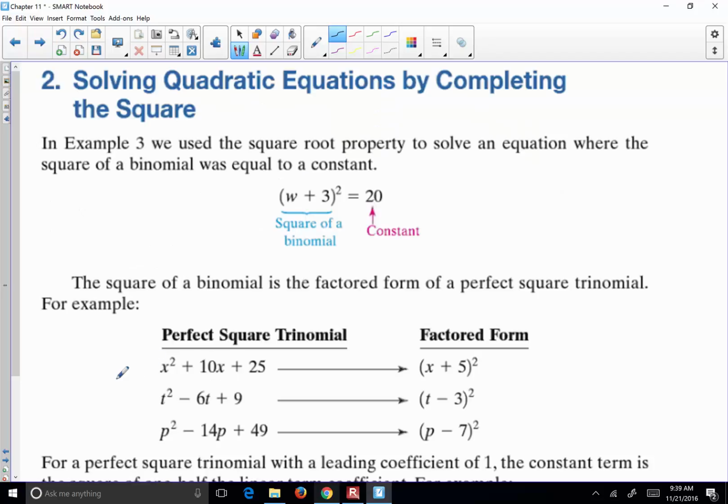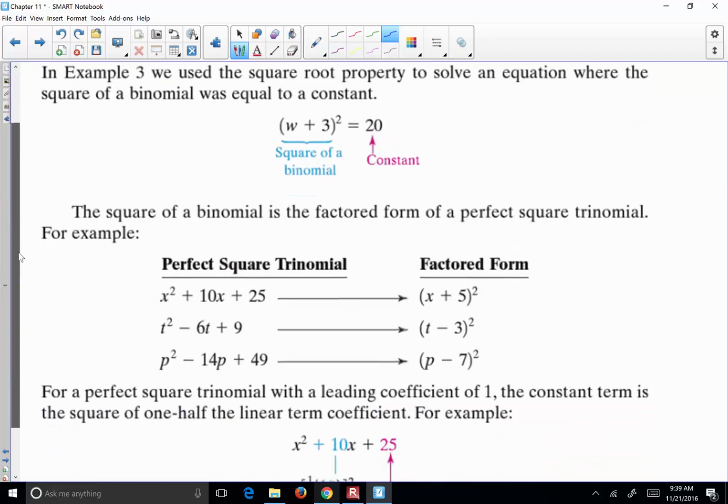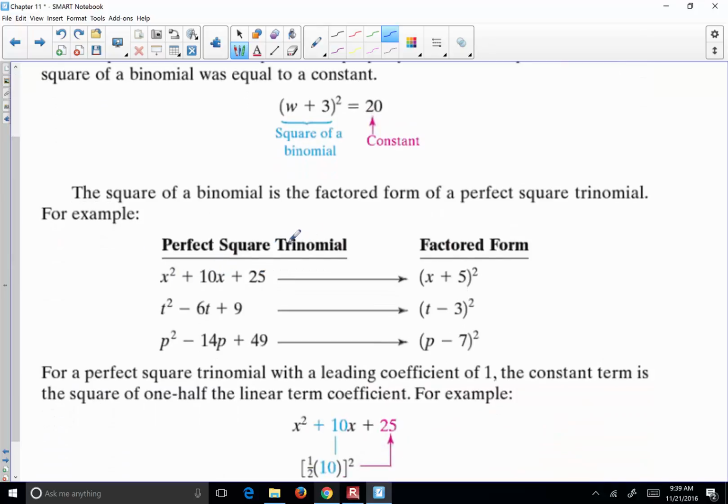How do we complete the square? You need to first make a big observation. This is very important. From our earlier sections, these are called trinomials. Tri means 3. You see 3 terms here, 1, 2, 3. Some special trinomials, when you factor them, can collapse into squares.